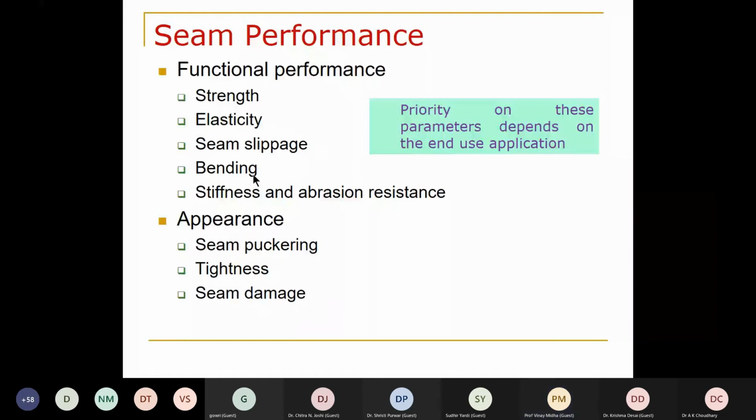And for functional performance evaluation, we have these parameters: the strength, elasticity, seam slippage, bending or stiffness, and abrasion resistance. Whereas in case of appearance, we have seam puckering, tightness, and seam damage. I'll take up some parameters out of this.